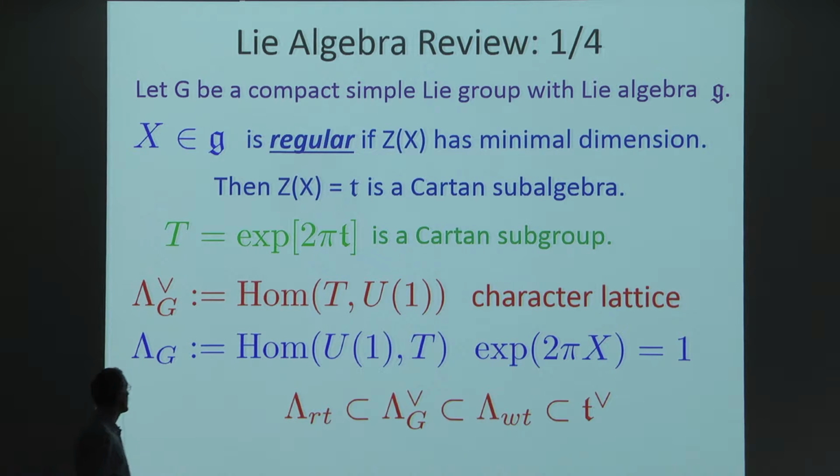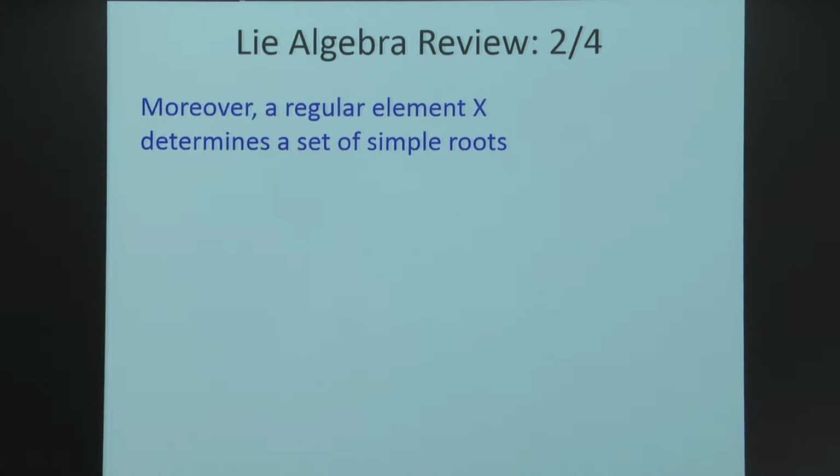And again, you see the character lattice sits between the root lattice and the weight lattice in the dual of the Cartan, and the co-character lattice sits between the co-root lattice and the magnetic weight lattice inside the Cartan. And of course, the root lattice is the dual of the magnetic weight lattice. I'll use that later in the talk. And the weight lattice is the dual of the co-root lattice.